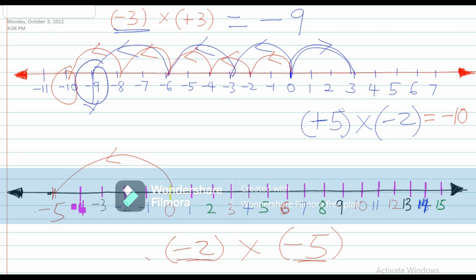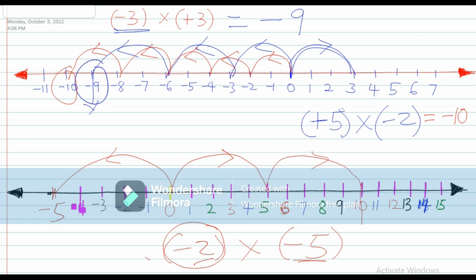But because we are multiplying by a negative multiplier, it tells me to reverse the process. So I'm going to go to the right now, instead of the left. But how many times? 2 times, because it's a negative multiplier. The first one goes this way, and the second one goes this way.